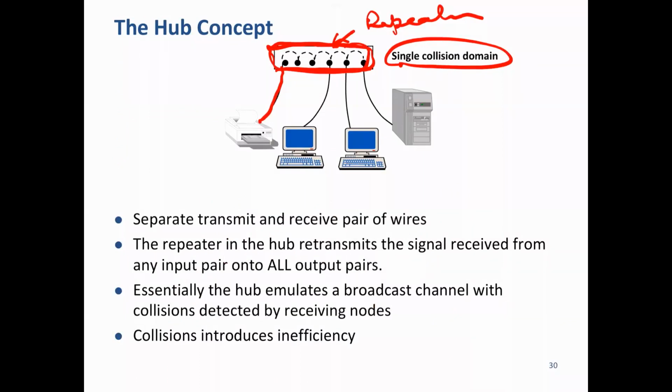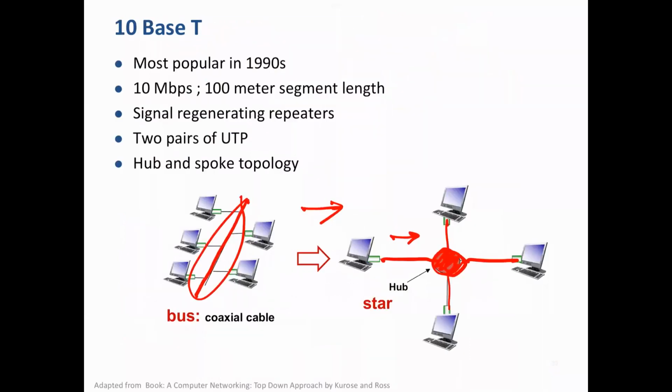Now, what is the issue here? What is the overhead? What defines efficiency in thick Ethernet or this kind of methodology is the collision.